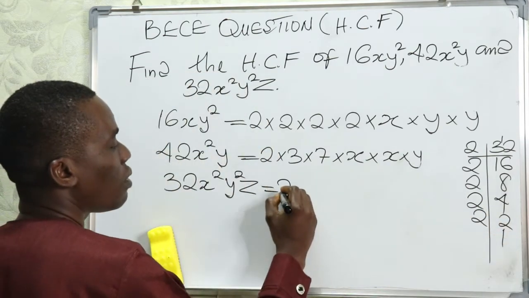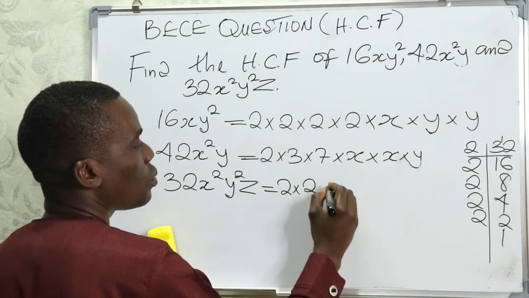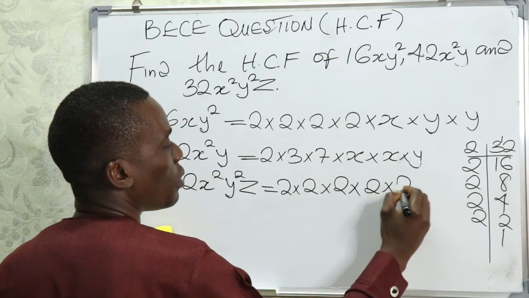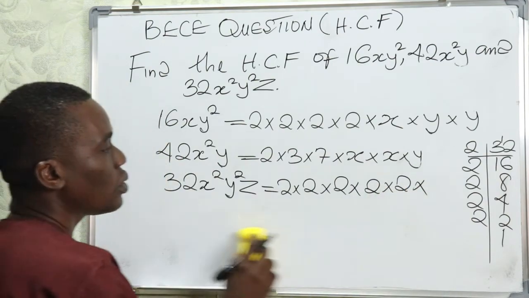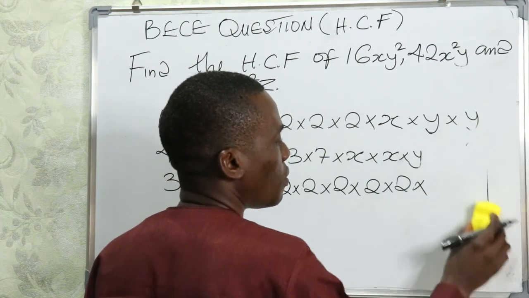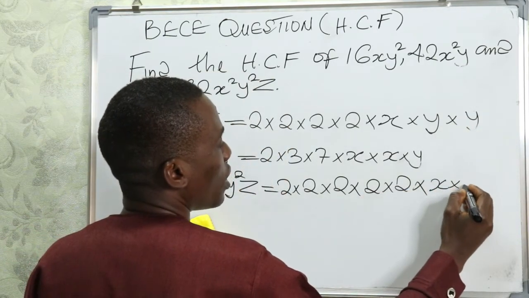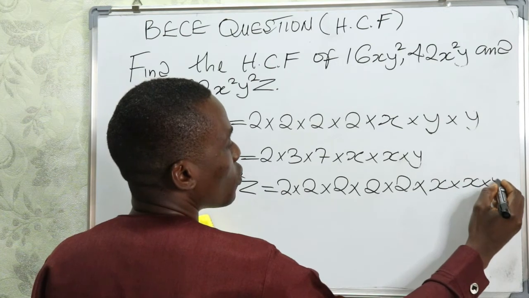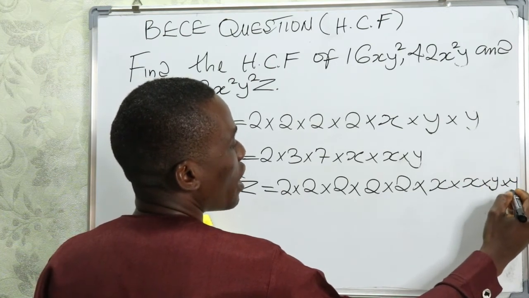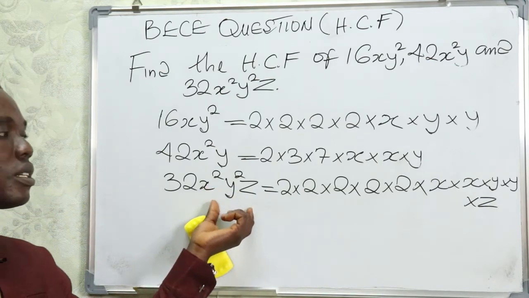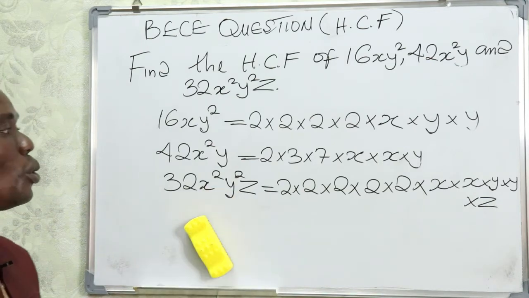So we are going to have 2 times 2 times 2 times 2 times 2, then times x times x times y times y times z. Right? Good.